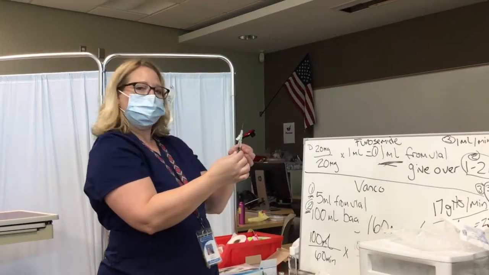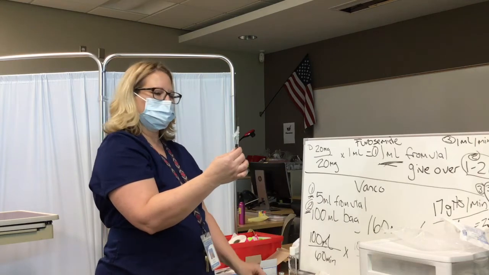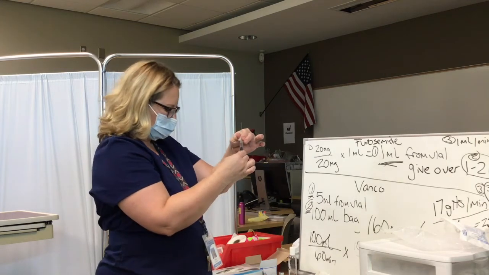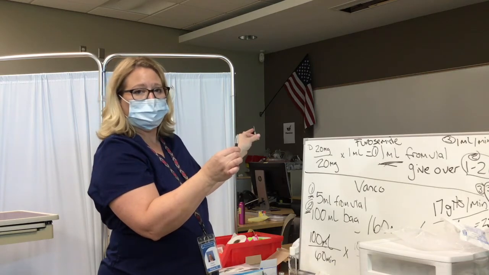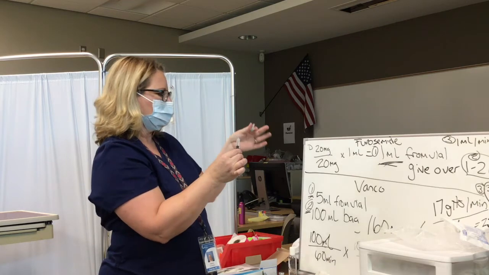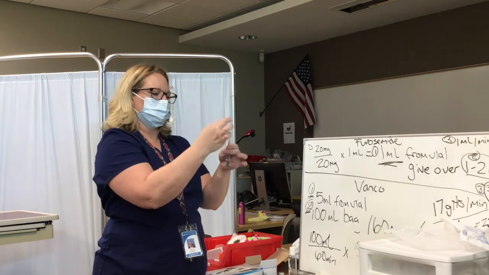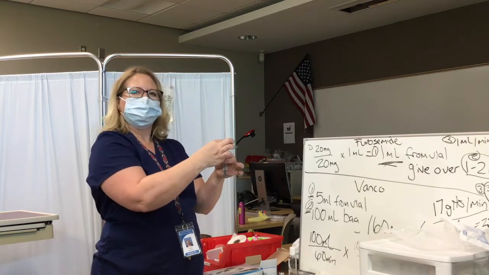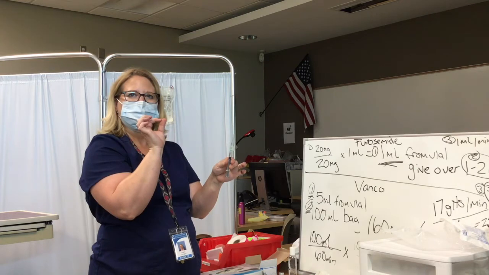And at this point, you do not need to recap. I know you're going to reuse these needles. But what we would do here is take this out, and if we were in a clinical environment, we would drop this into the sharps box. But then what do you do with the tip of the syringe? Oh, and that's something we don't have in our totes, our blue caps.